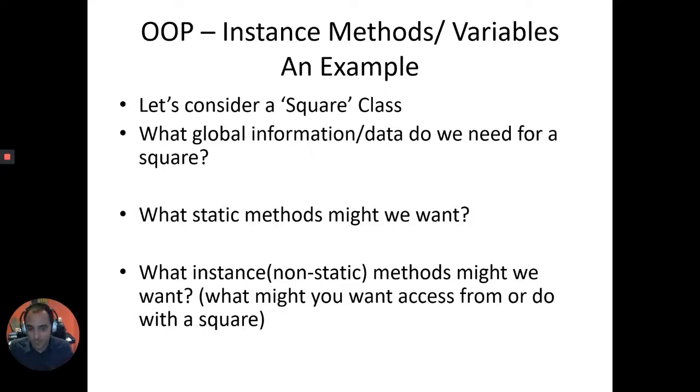Still other implementations might be looking at a completely different aspect of what it means to be a square. It might look at the color of the square, the outline, the fill color, right? So you need to think about what information you're trying to capture about that square. Then, once you think about what you need to actually represent the square, you think about what sorts of operations you might want to do on the square.